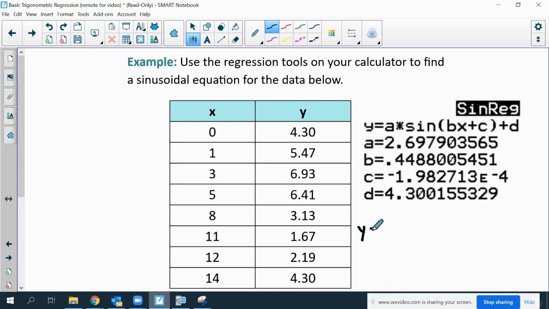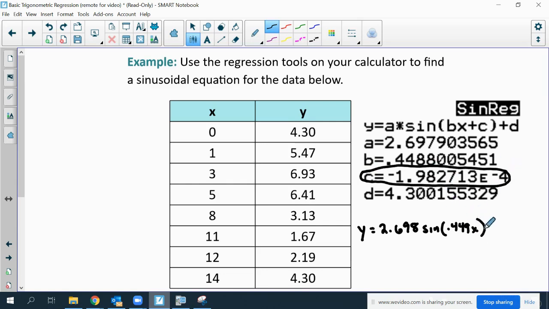So when I write my answer, it will be y equals 2.698 sine of 0.449x. Then remember, when I have this c, it's 0.000198. It's very, very small, technically practically 0.